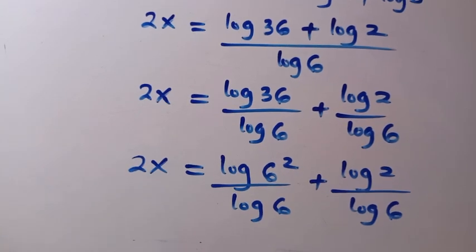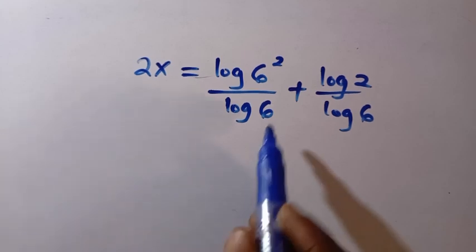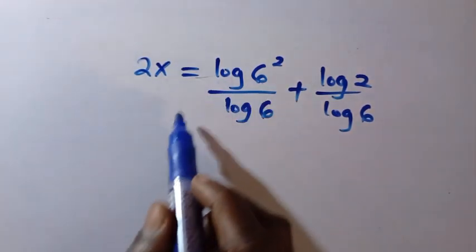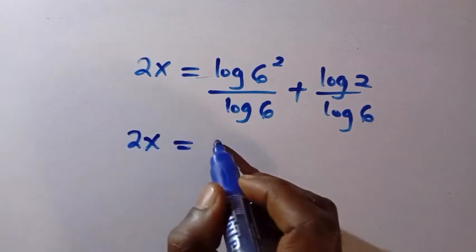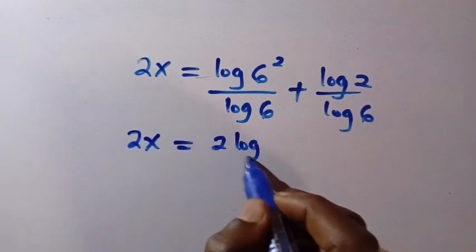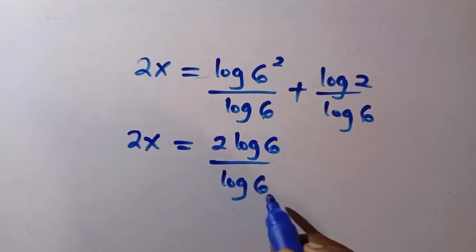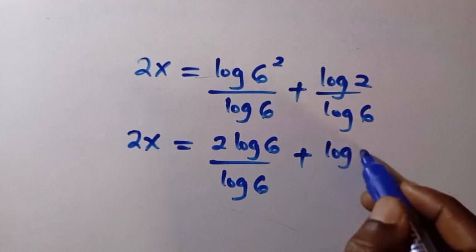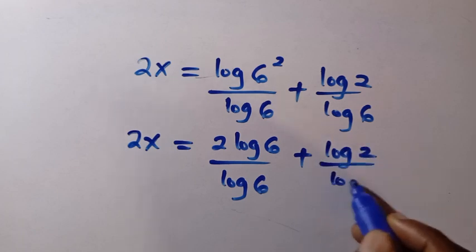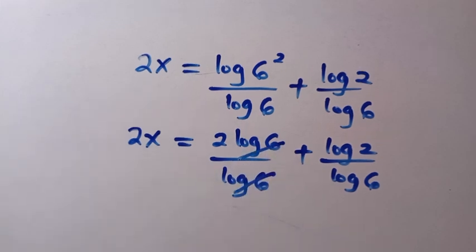So in the next step, from the rule we applied above already, we have 2x equals 2 log 6 divided by log 6 plus log 2 divided by log 6. So here log 6 cancels log 6.